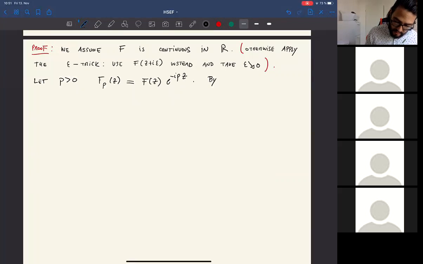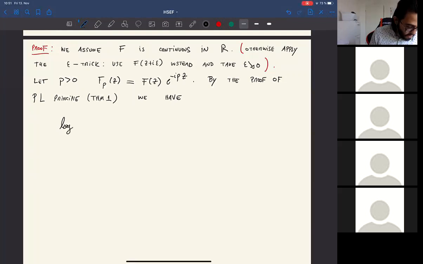So by the proof of the Phragmén-Lindelöf principle, which I guess was theorem 1, recall that we deduced a certain inequality in there, assuming that a certain function was less or equal than 1, which is our case now. And the inequality was about log of |F_p(z)|. Note that F_p is still less than 1 as long as p is greater or equal than 0.